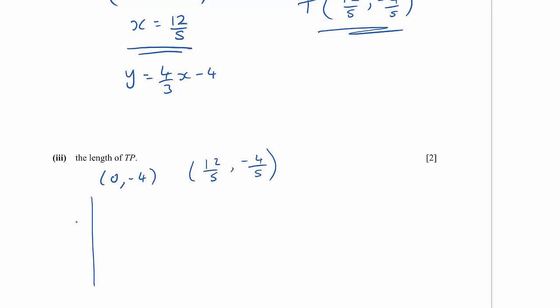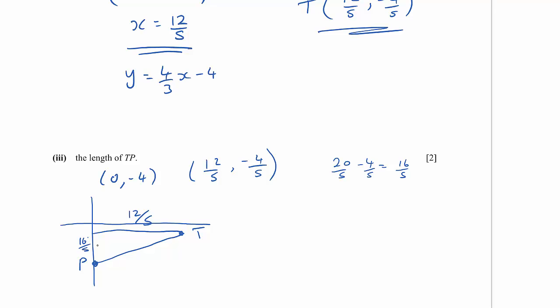We could use a formula for this, but I tend not to. So (0, -4) is there, that's P. T is sort of here. So clearly with that being 0, that's 12 over 5 that way. And this distance here is going to be 4 take away 4 over 5. So that's 20 over 5 take away 4 over 5, which is 16 over 5.